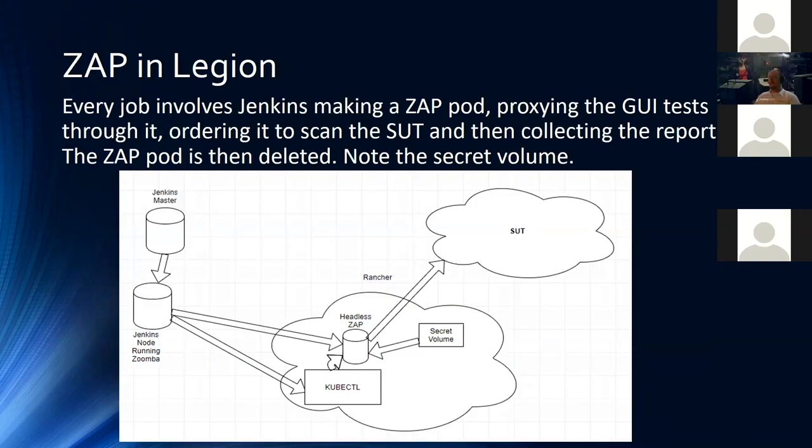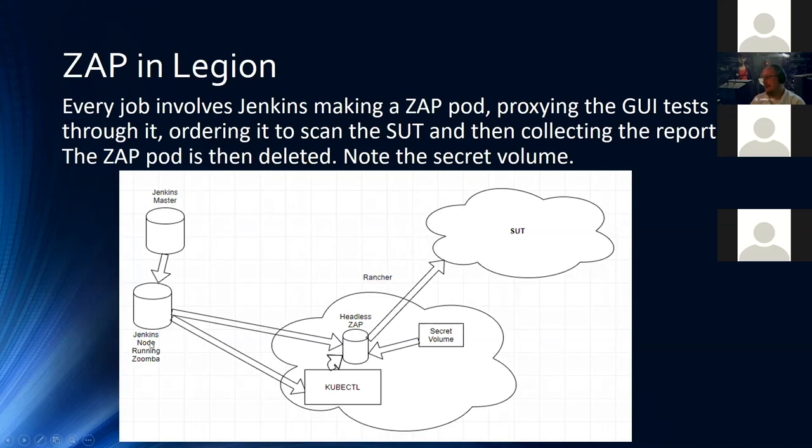So having a quick look through here, every job that we're running on this involves Jenkins making a Zap pod. Jenkins master will tell the Jenkins node to send a command to the kube controller, build the pod here, and then order it to target the SUT.